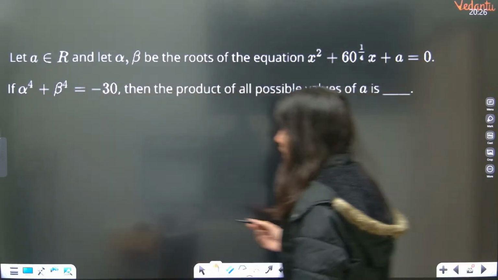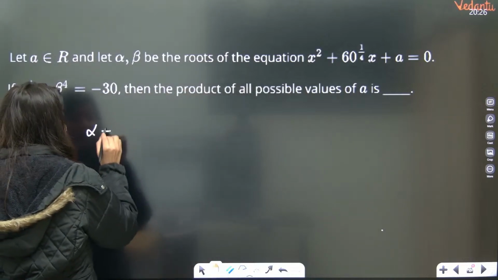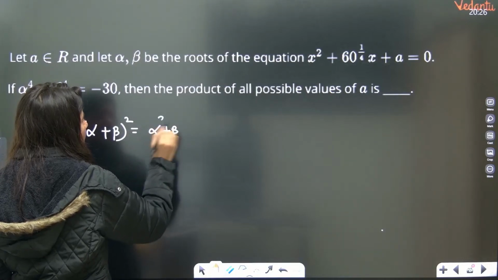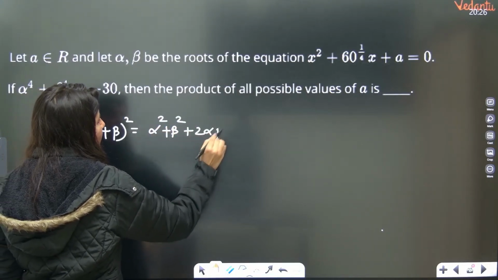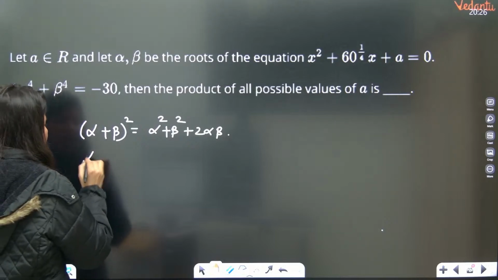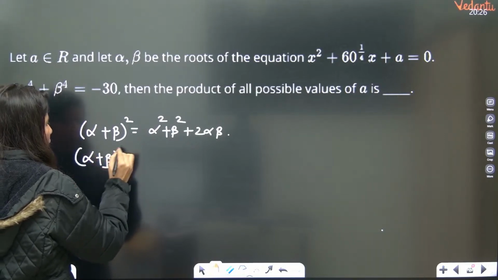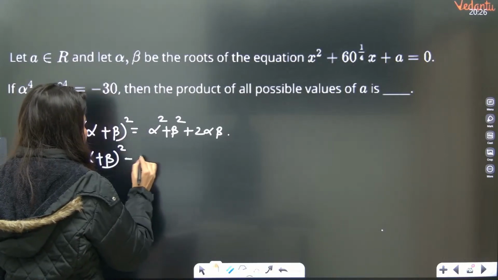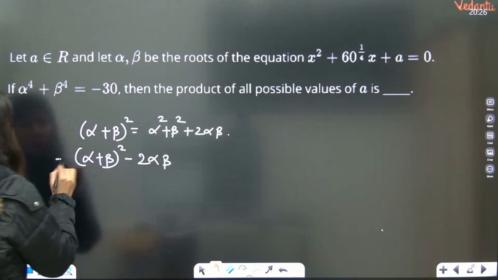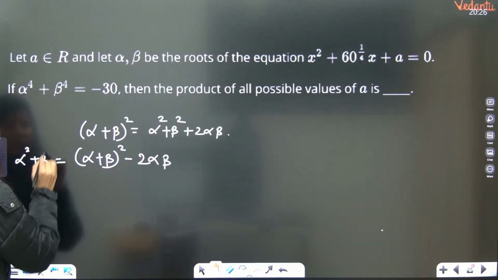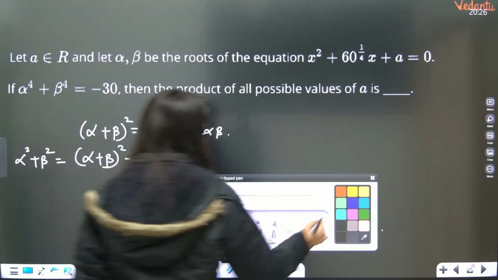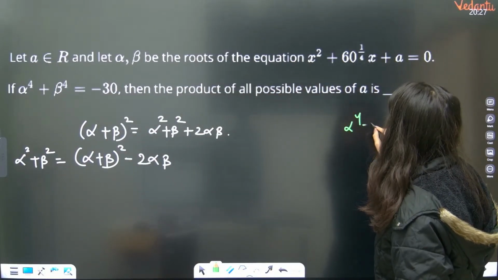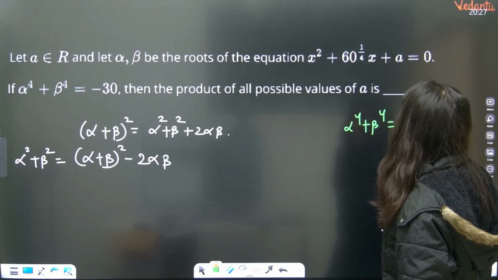So, you know that alpha plus beta whole square is alpha square plus beta square plus 2 alpha beta, correct? So alpha plus beta whole square minus 2 alpha beta is equal to alpha square plus beta square. Correct or not? So let us first calculate. They are giving alpha power 4 plus beta power 4 is minus 30, correct?